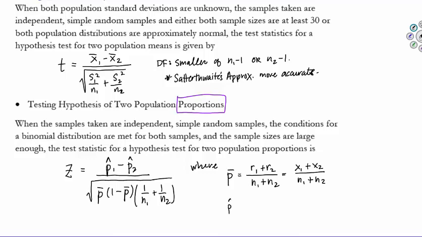And of course, p hat is x over n or r over n, depending on the notation you use. Either one, same trick, we're just making the proportion of the sample.